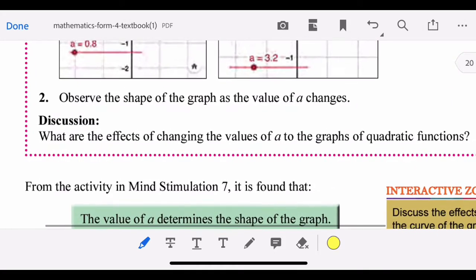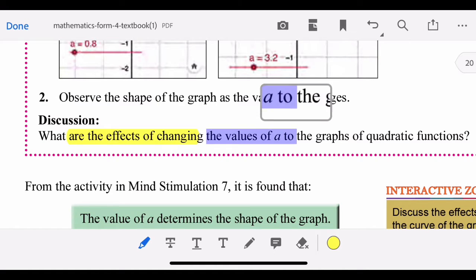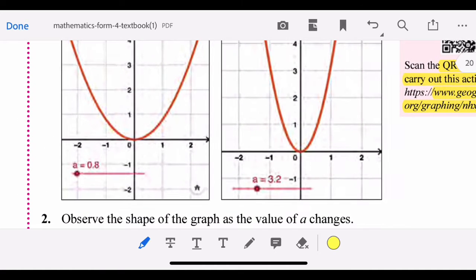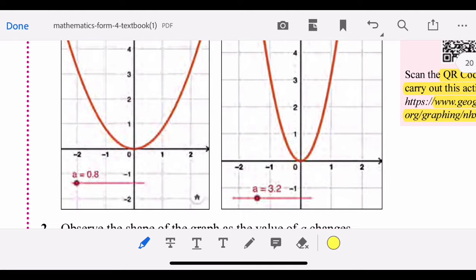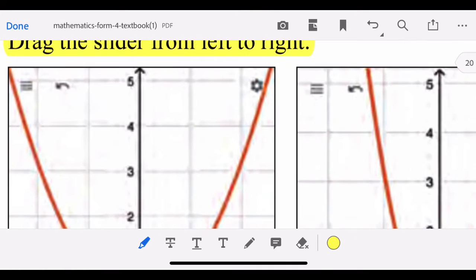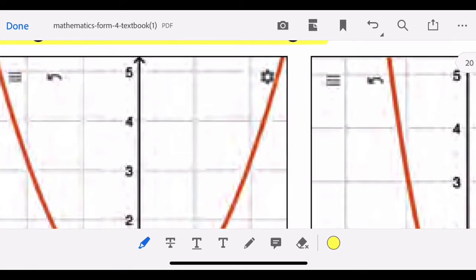So discussion. What are the effects of changing the values of a to the graph of quadratic function? As I mentioned earlier, when the a is smaller, the shape of the quadratic function is opened up wider.